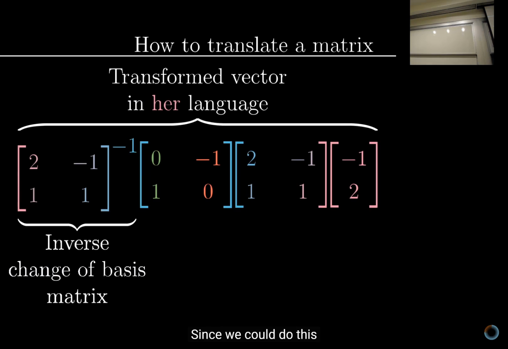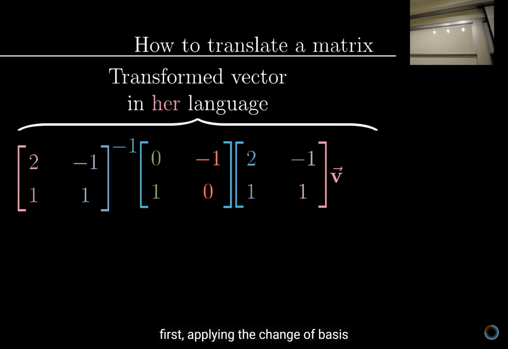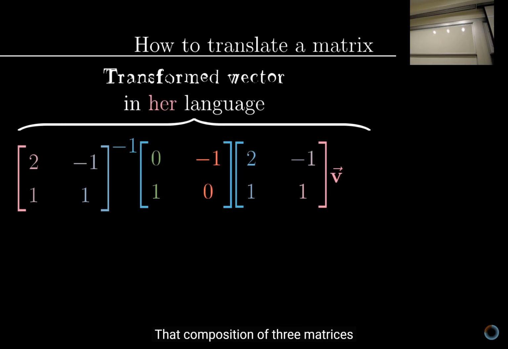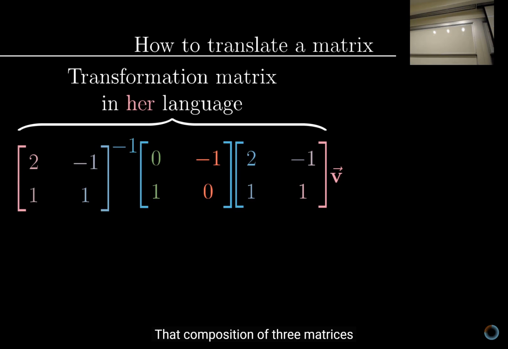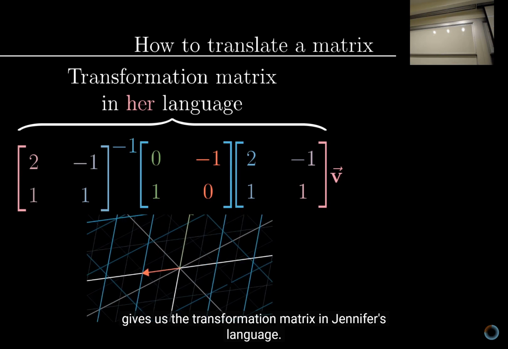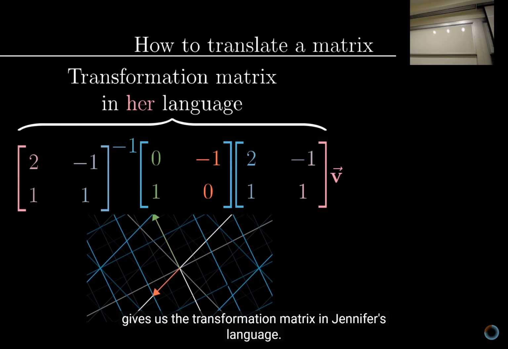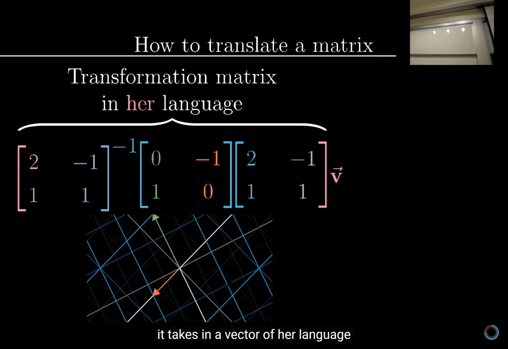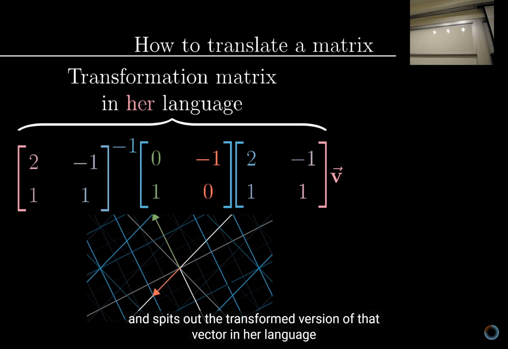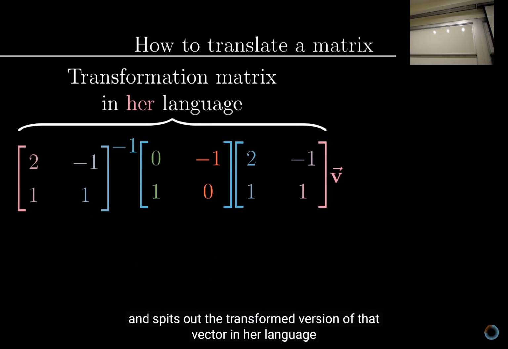Since we could do this with any vector written in her language, first applying the change of basis, then the transformation, then the inverse change of basis, that composition of three matrices gives us the transformation matrix in Jennifer's language. It takes in a vector of her language and spits out the transformed version of that vector in her language.